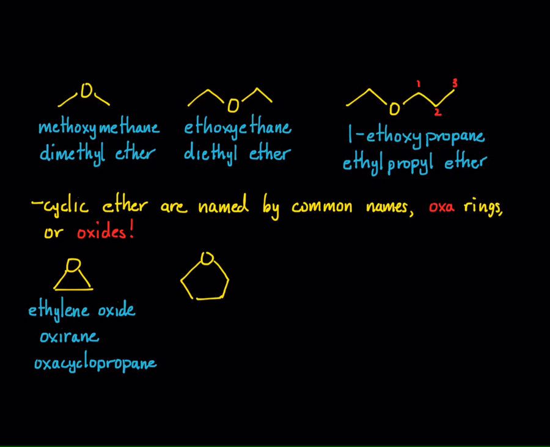Now I can go one step further and here's a 5-membered ring. In terms of the oxa ring, it'd be oxacyclopentane, right? That's an easy way of thinking about naming it, maybe. But if you think about it, I have essentially 4 methylene groups plus this oxygen.